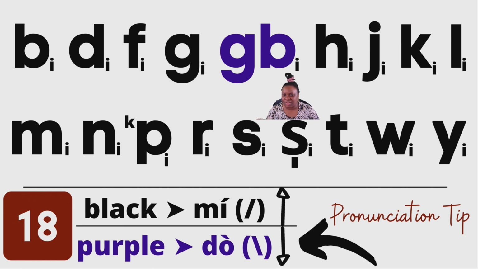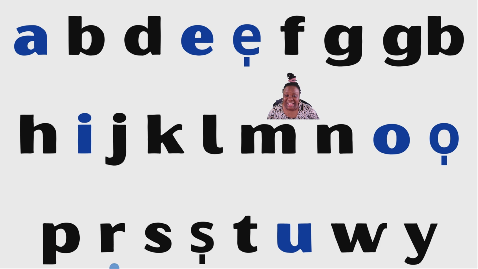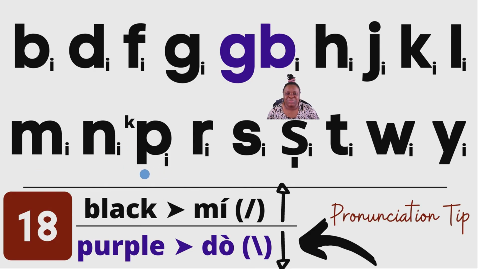So examples of words, this is what it would look like in writing. Again, this is just a pronunciation tip. Ba, which is to turn off or kill, or bo, bo is to mix, bashing bogi, to mix, to stir in such a way that the thing is well mixed, I suppose.